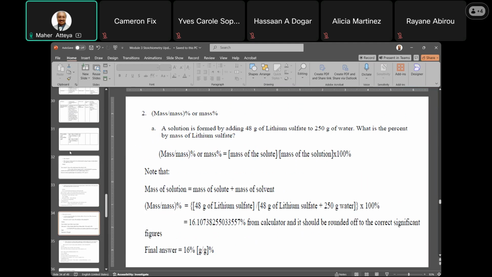Mass to mass percentage, that's a good one. We talked about, remember, mass of mass percentage, mass of the solute divided by mass of the solution multiplied by 100. The same thing when we were talking about part per million, it's the same thing here. This is part per million. If you multiply this ratio not by 100, but by 10 power 6 for million, or 10 power 9 for part per billion.